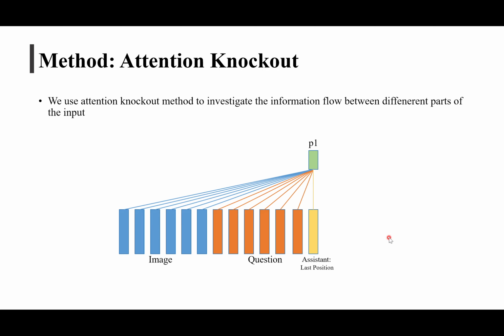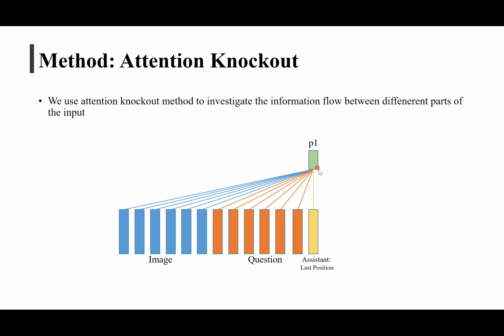So in the attention module, we did some reverse engineering to see the information flow. For example, this is one layer of the transformer, and the input is the image, the question, and the last token prompt.